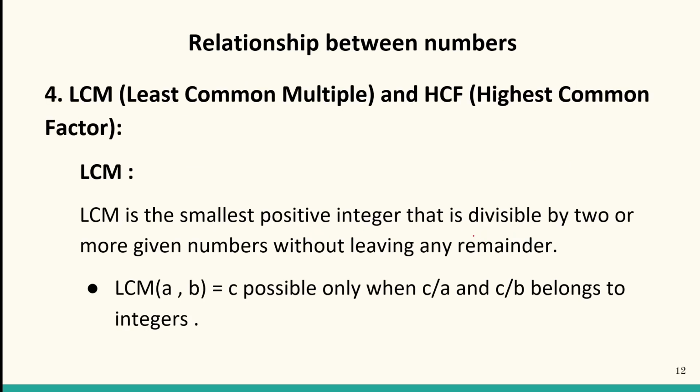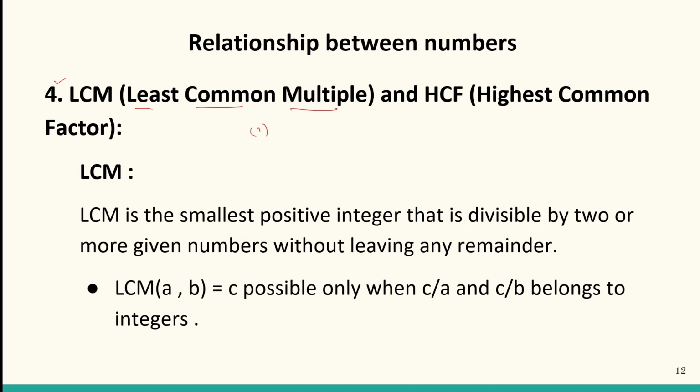Let's see another important concept, that is LCM, the least common multiple. Since these terms are included in the naming scheme, you know that it is always valid when it is asked about two numbers.